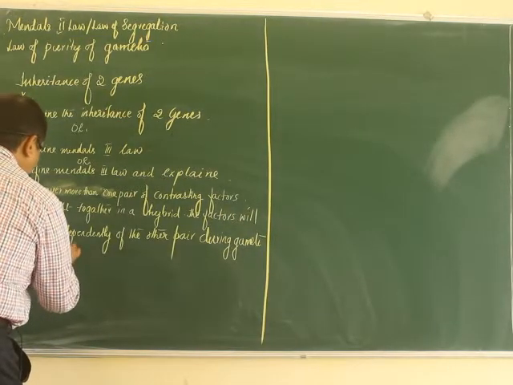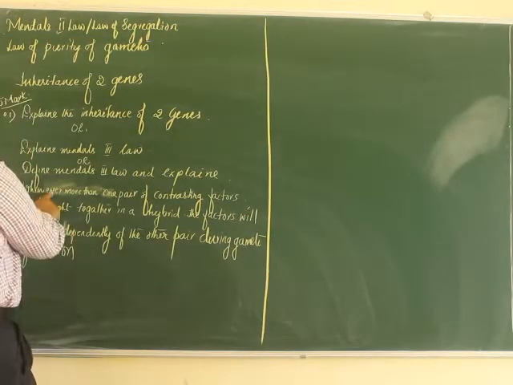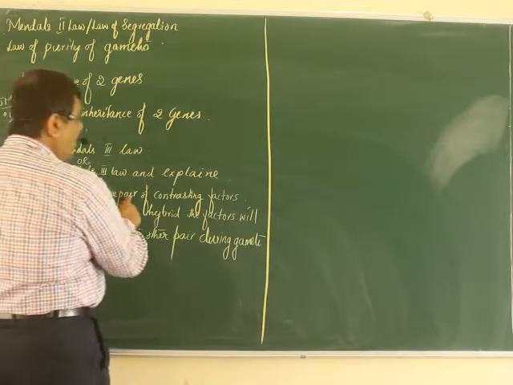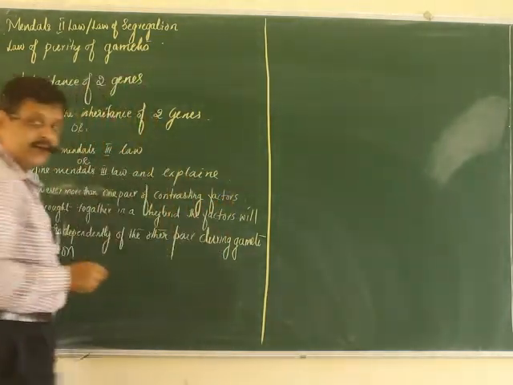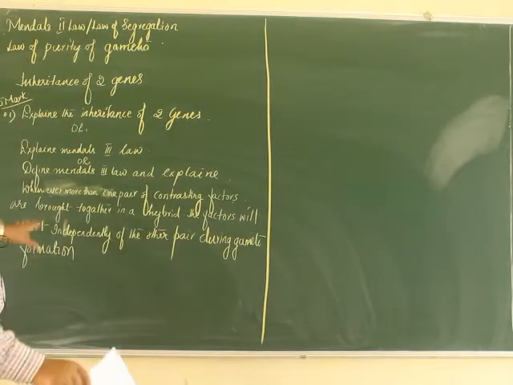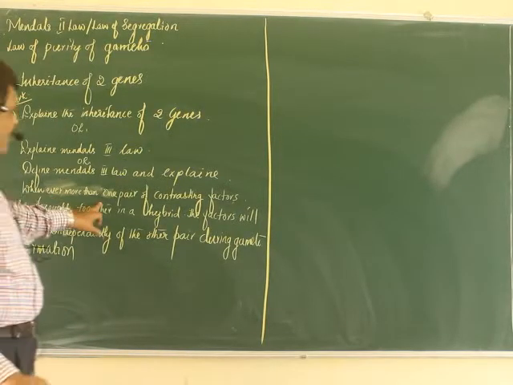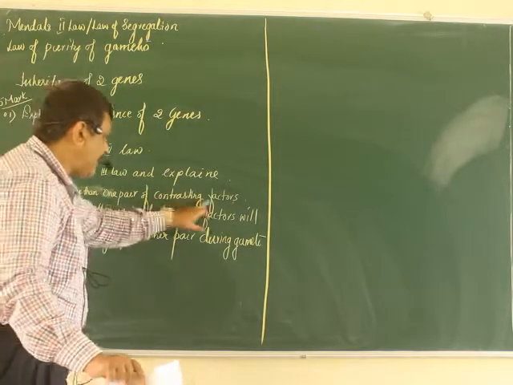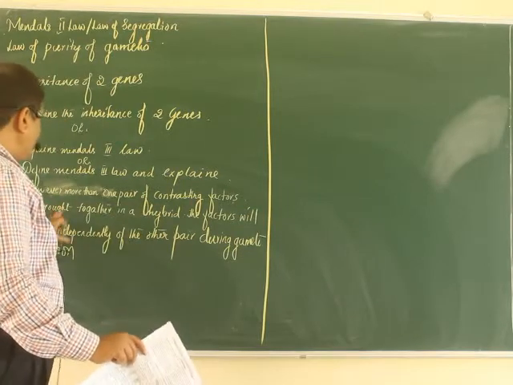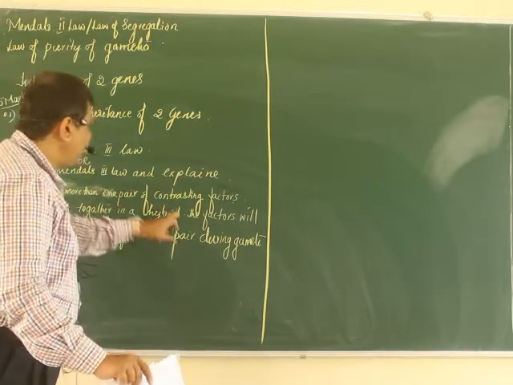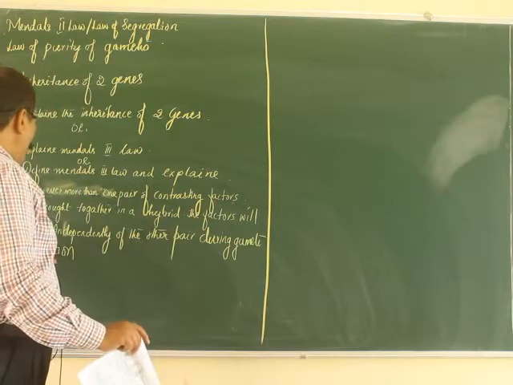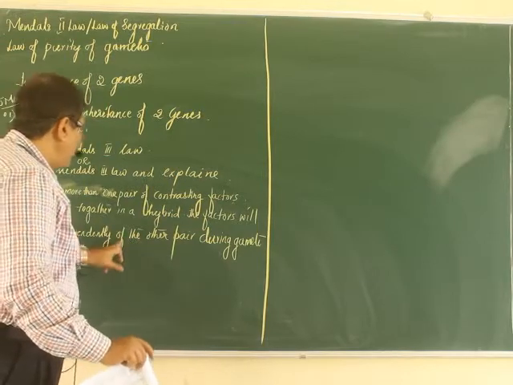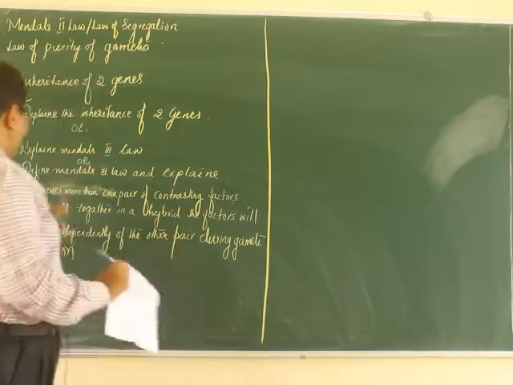What are they saying? Whenever more than one pair of contrasting factors, listen very carefully, are brought together in a hybrid, the factors will assort independently of the other pair during gamete formation.